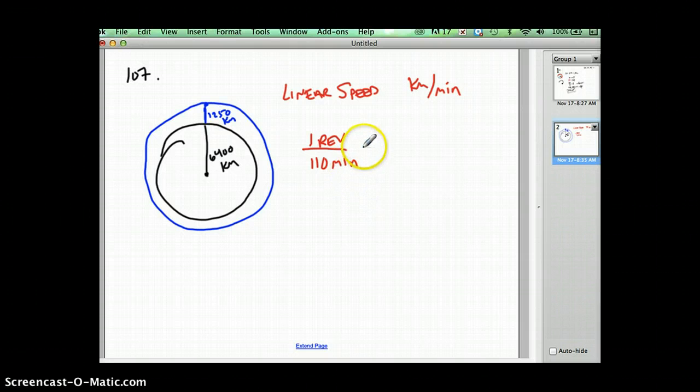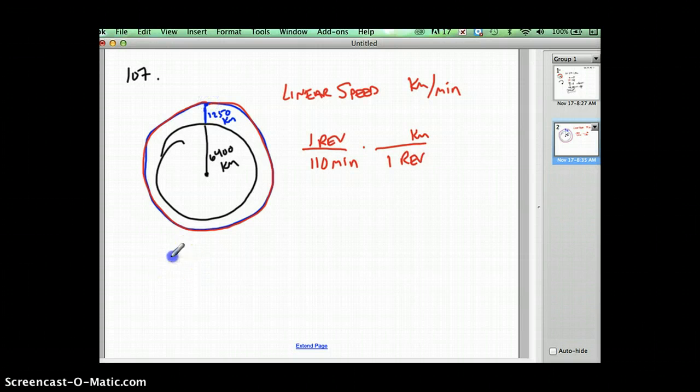Now we need to figure out how many kilometers there are in one revolution. So if revolution was on top, revolution goes on bottom. One time around the circle, how many kilometers?